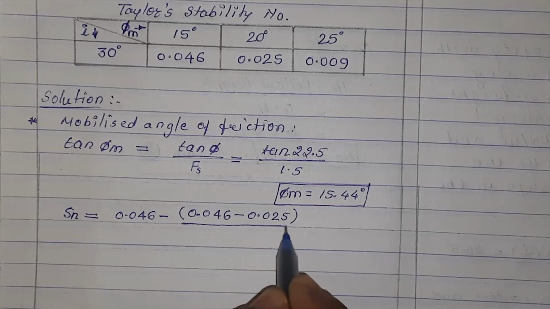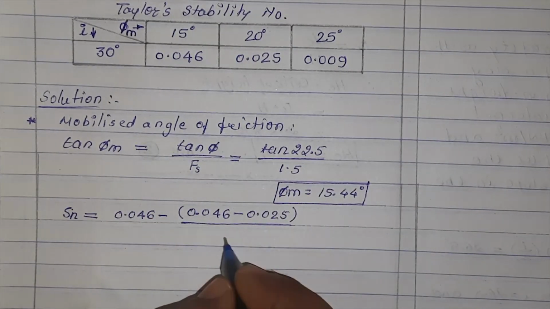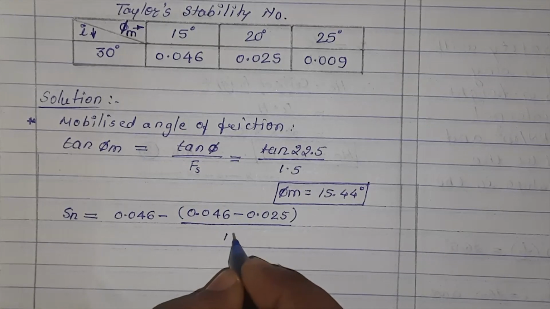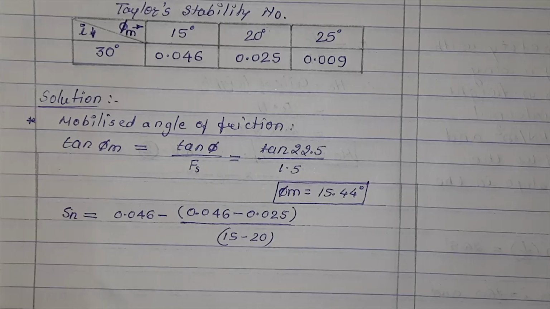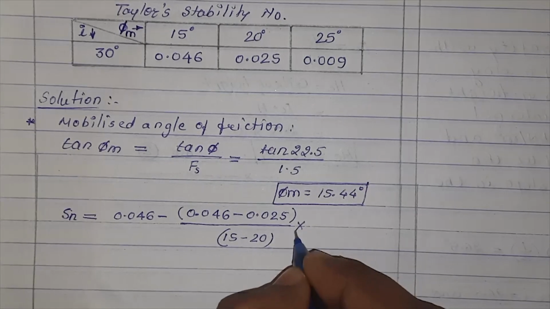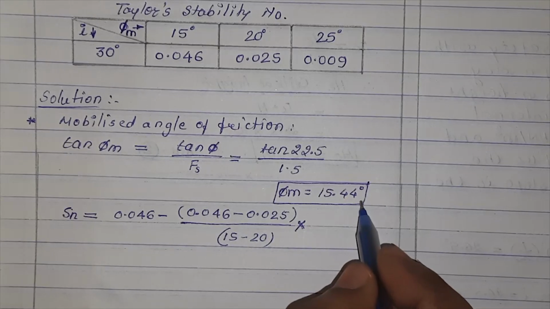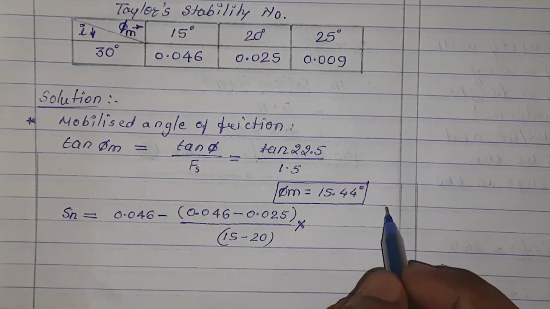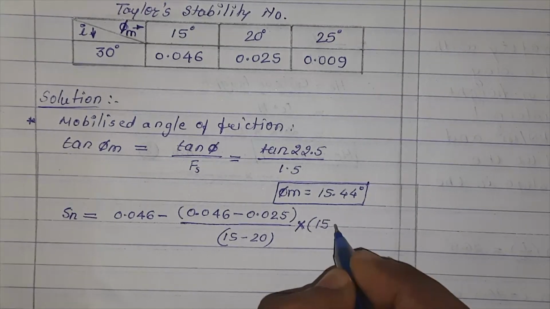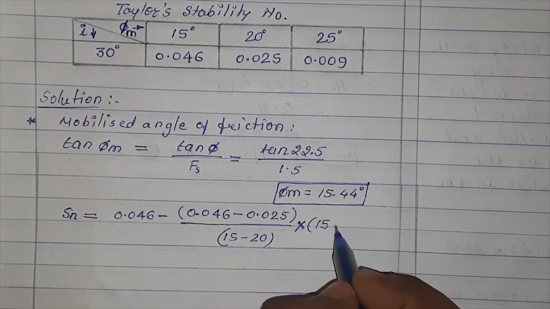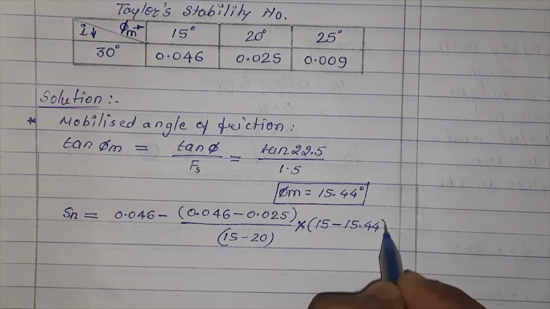This will be divided by difference between the angles, that is 15 minus 20, multiplied by, for 15.44 degree we are finding out stability number, hence it is further written as 15, that is the first value, 15 minus 15.44.